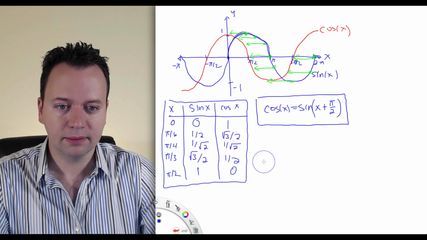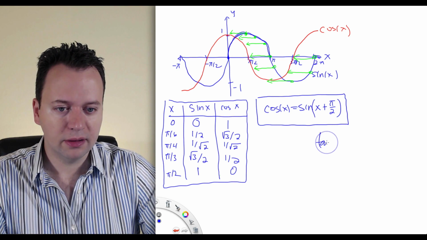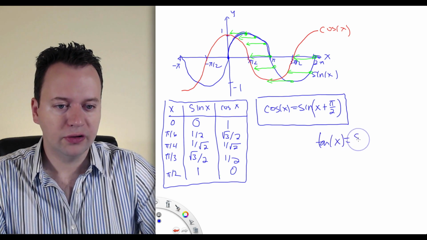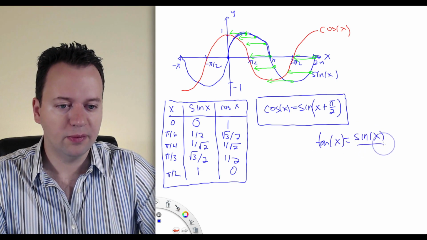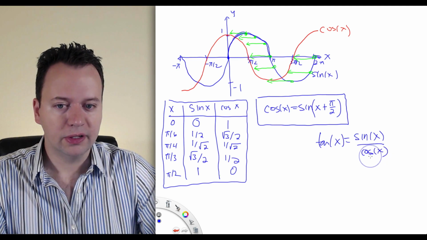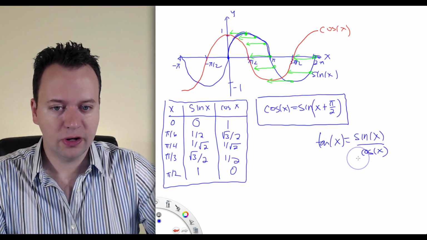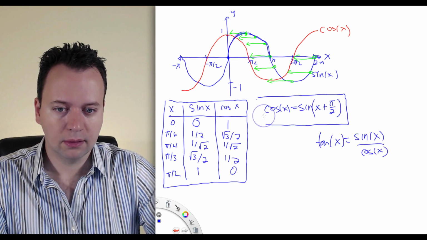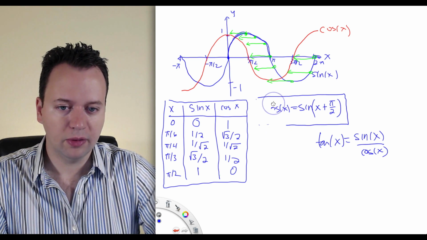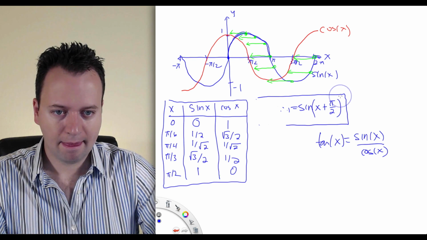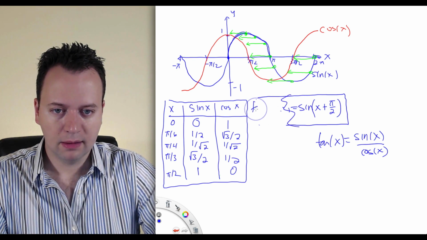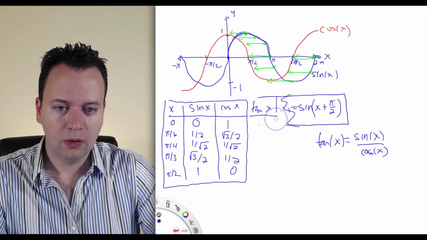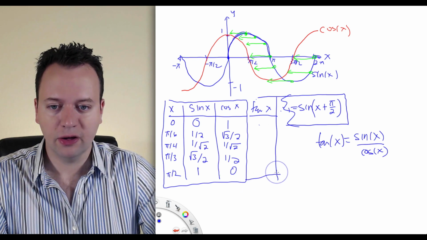Now the tangent of x is just defined as sine of x divided by cosine of x. So to get some values for tangent of x, let's make a little bit more space here. Tangent of x: we just divide the sine x value by the cosine x value.